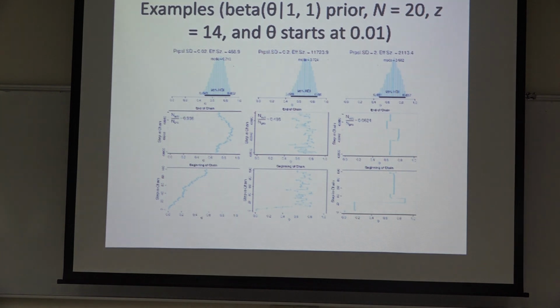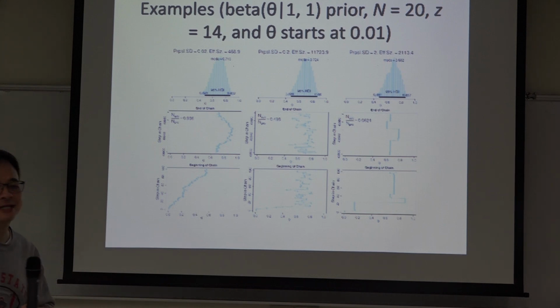But even for the middle one, with 50,000 iterations, we only end up having not even 12,000 effective sample size.